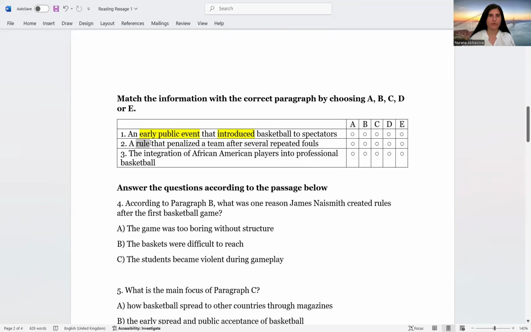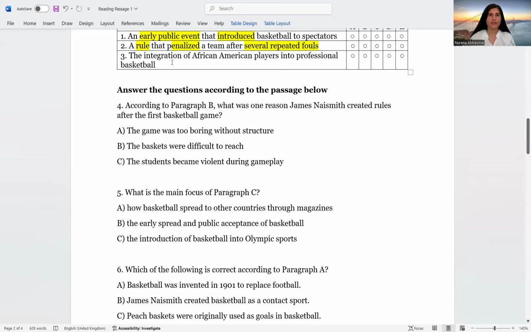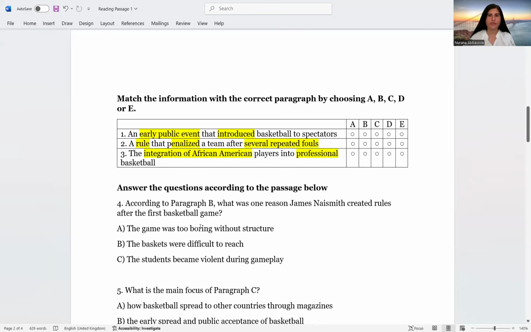Rule is important. Penalized, several repeated fouls. And the last one, the integration of African American players into professional basketball. First of all, professional basketball, because it can be amateur or professional, so I need to know it. Integration of African Americans.